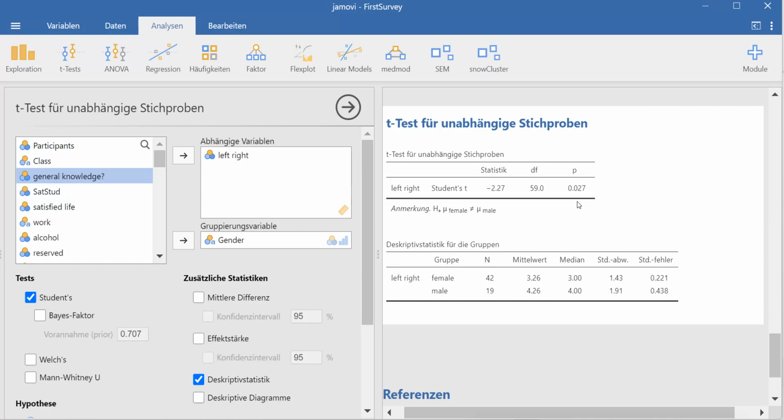This cannot be a coincidence because that is very unlikely. Therefore, we consider our alternative hypothesis, which is also our research hypothesis, that there is a difference between men and women according to the political attitudes, as being proven. Yeah, because the p-value is smaller than 0.05.